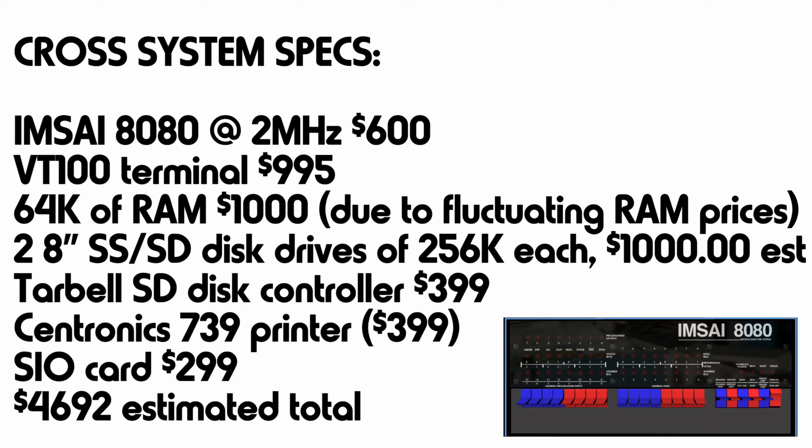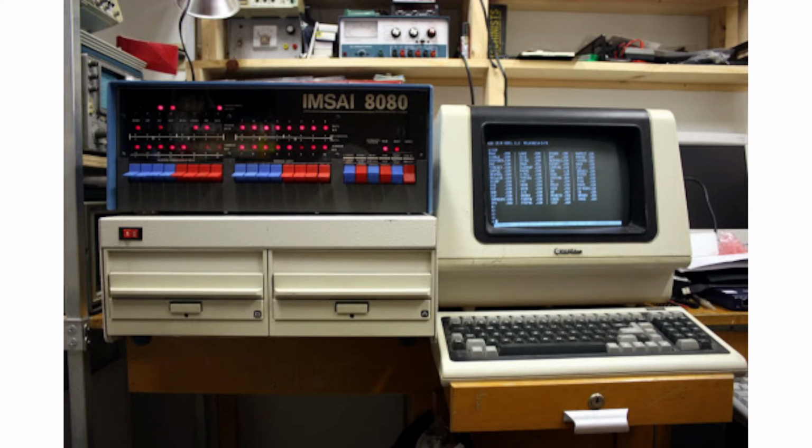We also need a VT100 terminal to be our console and to be our output screen as well, since the MSI only has the front panel with the lights and the switches here. So we get something that looks a bit like this, right? We have the MSI 8080 mainframe on top.